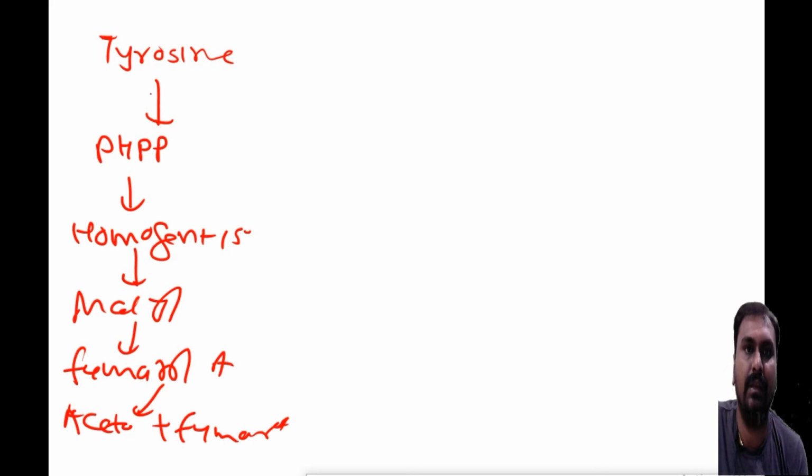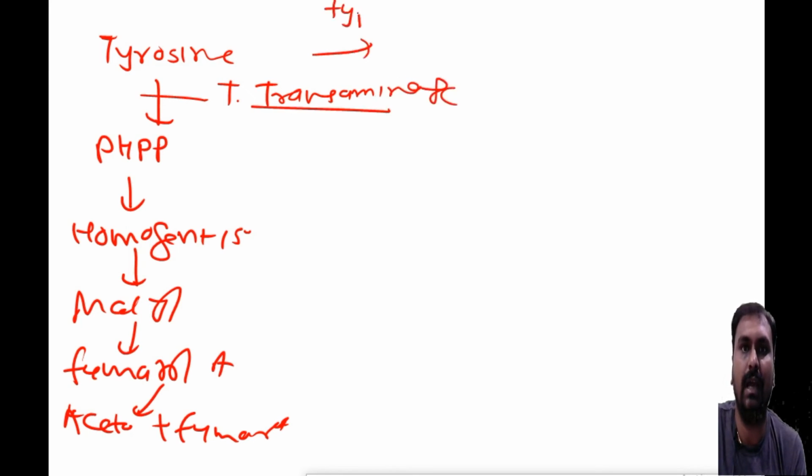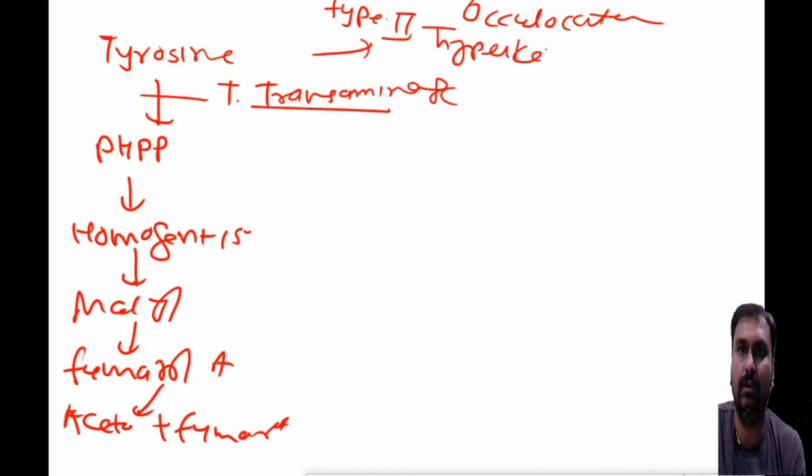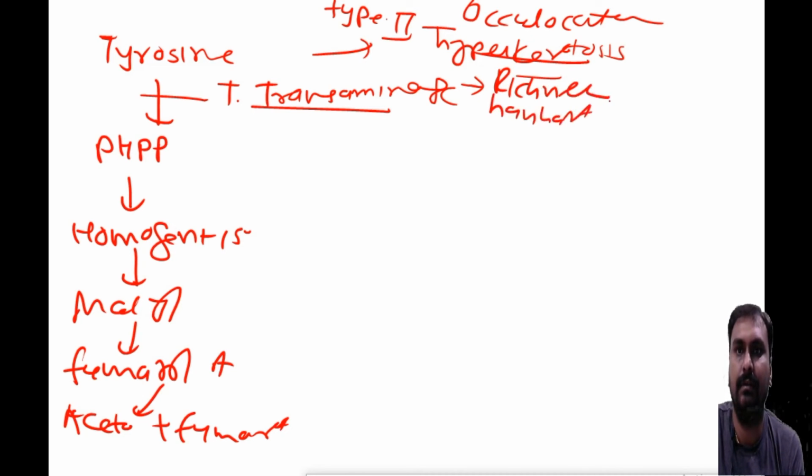If the enzyme tyrosine transaminase is deficient, it will lead to type 2 tyrosinemia, also called oculocutaneous tyrosinemia. There is hyperkeratosis of the palm and plantar region, and it is also called Richner-Hanhart syndrome.